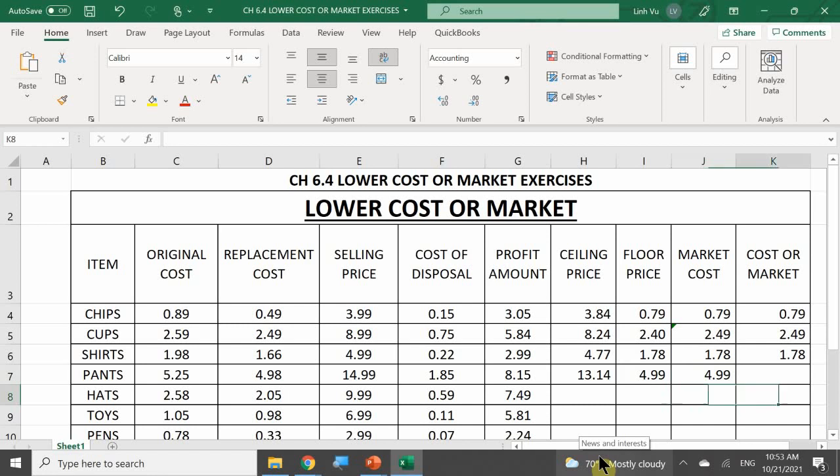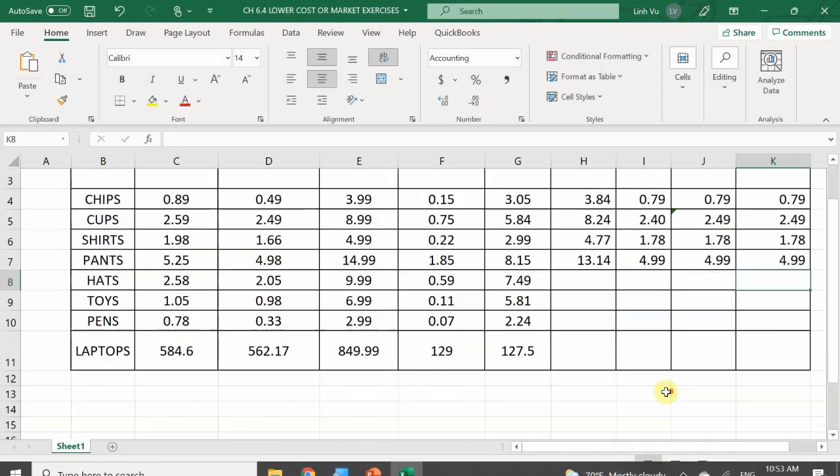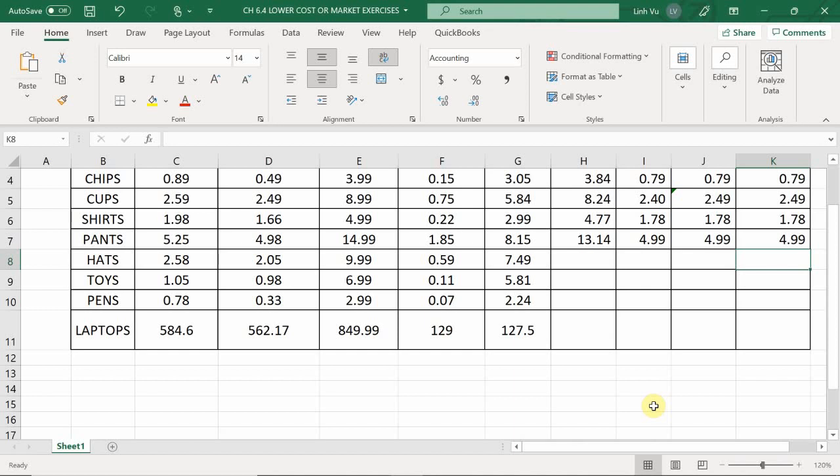It beat it by 1 penny, right? So in this case, again, let's compare. Which one's lower? $5.25 or $4.99? $4.99. Okay. All right, we got 4 more examples here.